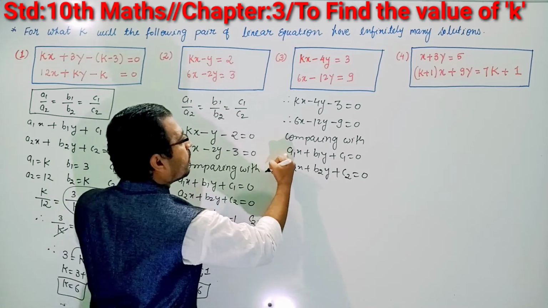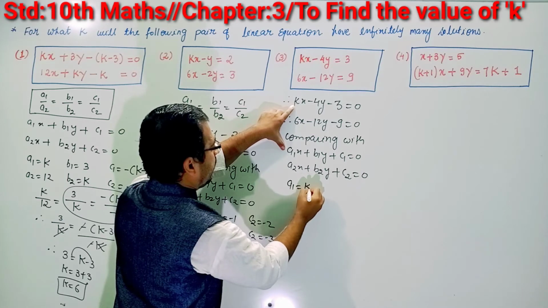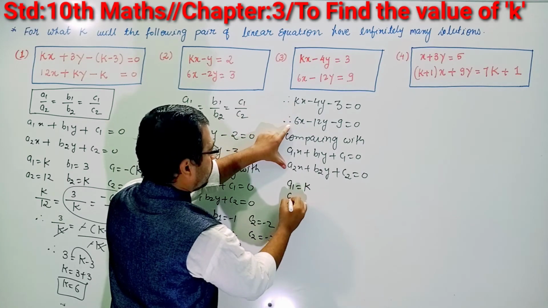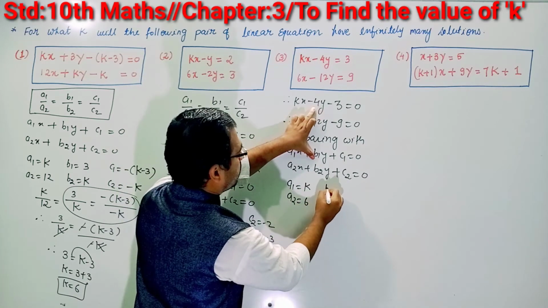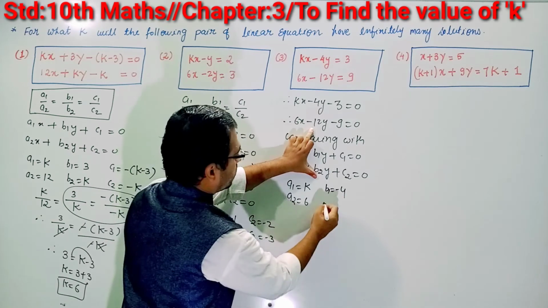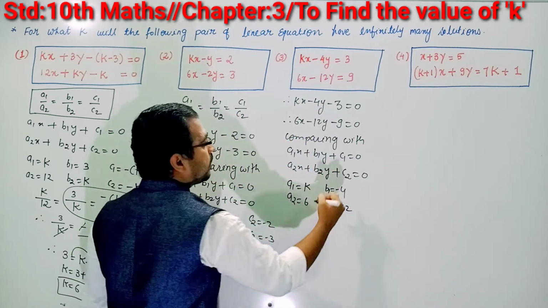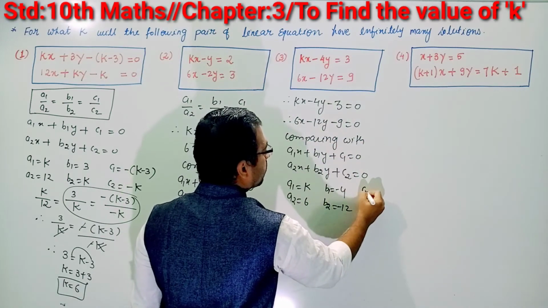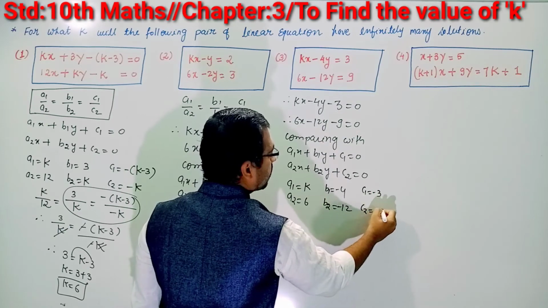So the value of a1 is k, value of a2 is 6, value of b1 is minus 4, value of b2 is minus 12, value of c1 is minus 3 and value of c2 is minus 9.